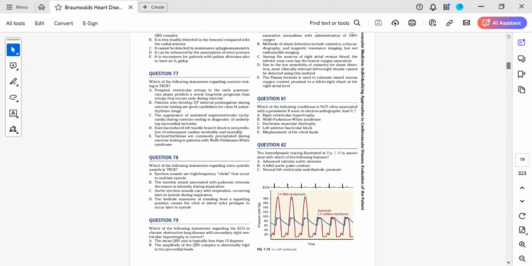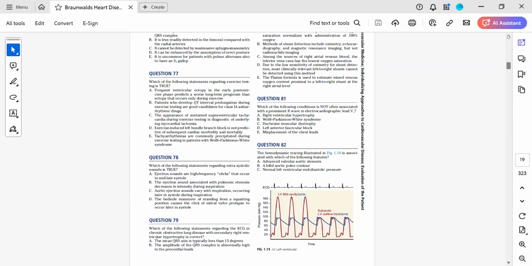So question number 82: the hemodynamic tracing shown in figure 1.19 is associated with which of the following features? So this is a hemodynamic tracing.